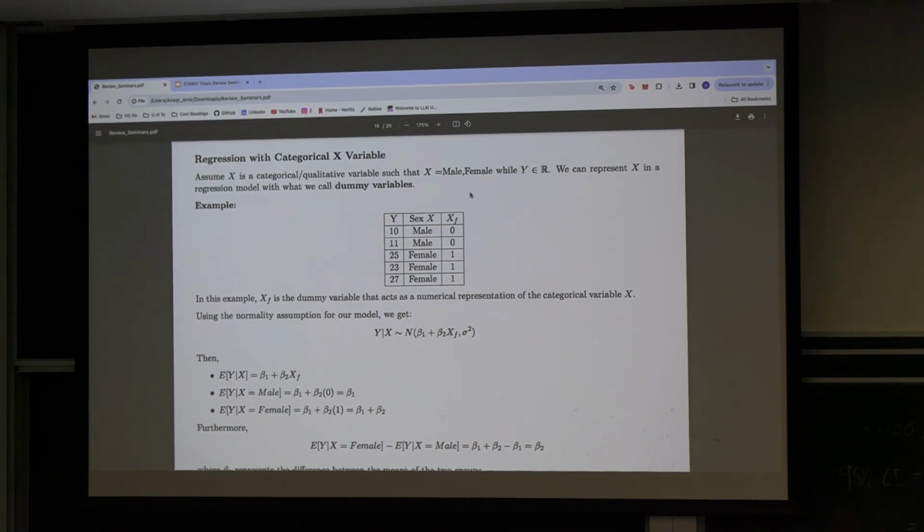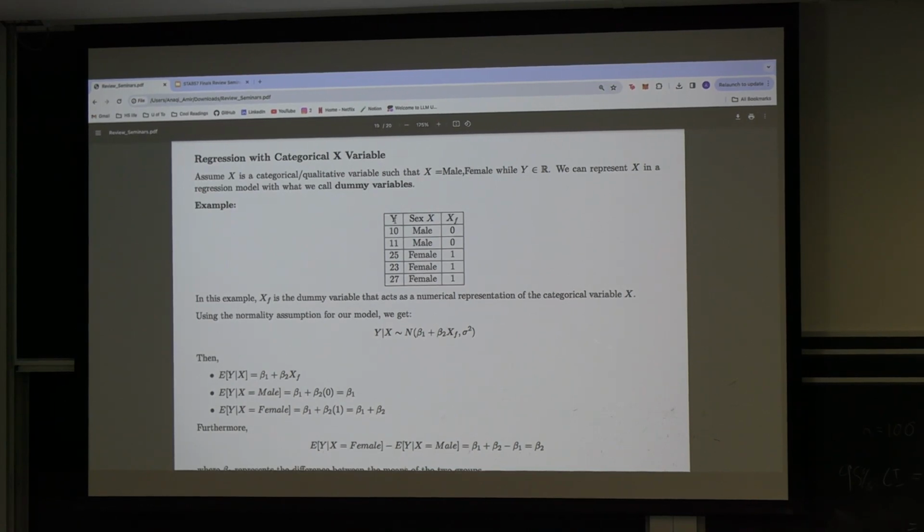So for example, if x is whether someone is male or female, or like x is someone's favorite color, it could be red, blue, or green. Something that you can't really quantify on a normal number scale, then you do something slightly different, which is creating a dummy variable to act as a numerical representation.